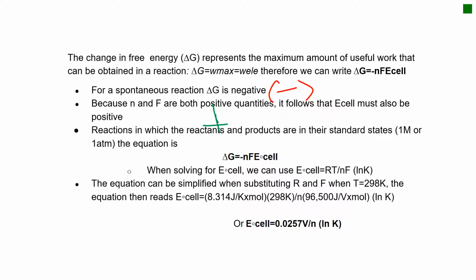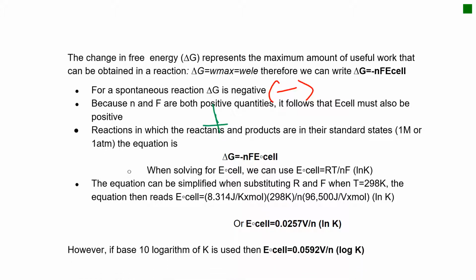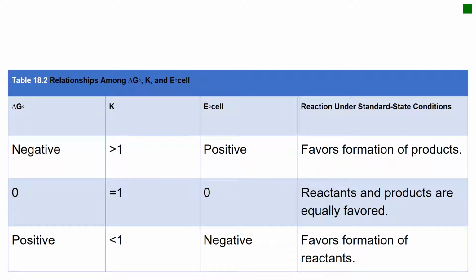Or it could also be simplified to E cell equals 0.0257 volts divided by the number of moles times the natural log of K. But if the base 10 logarithm of K was used instead of the natural log, then it would be E cell equals 0.0592 volts divided by the number of moles times the base 10 logarithm of K.